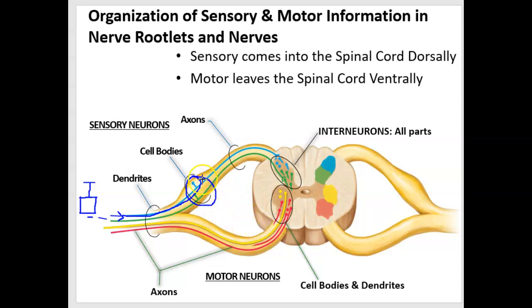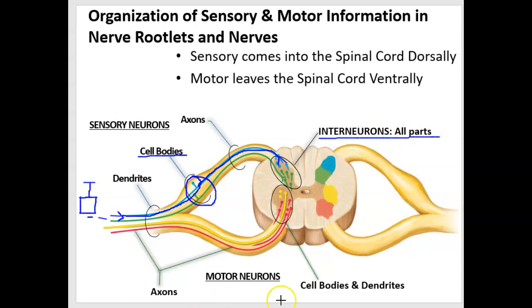That's the bulge. It's a ganglion. And that's where sensory neuron cell bodies are located. Then the sensory impulse travels along sensory neuron axons to the spinal cord, and those sensory neurons then synapse on interneurons.